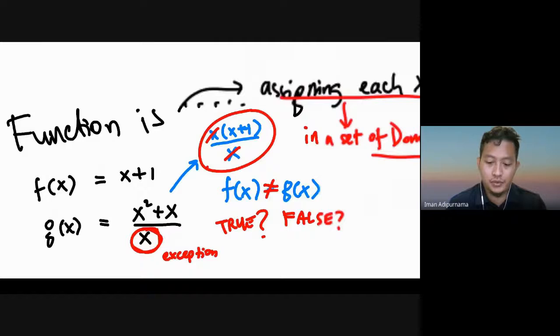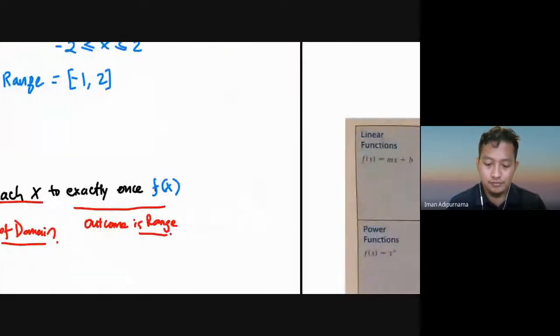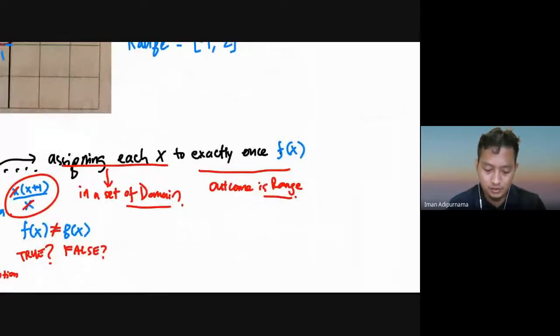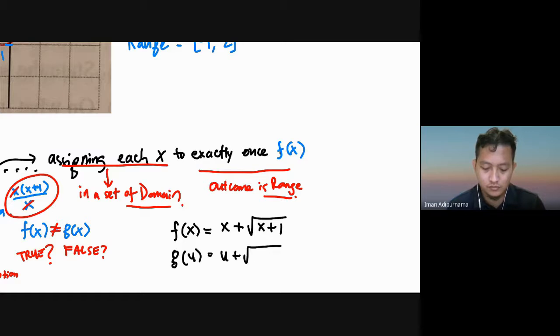But for example, if you have maybe here, so let's say I have function f. Is it true or not?